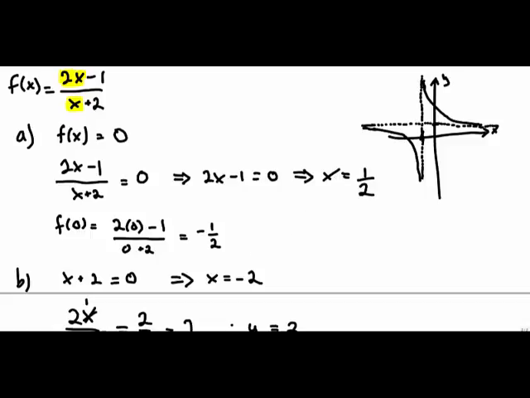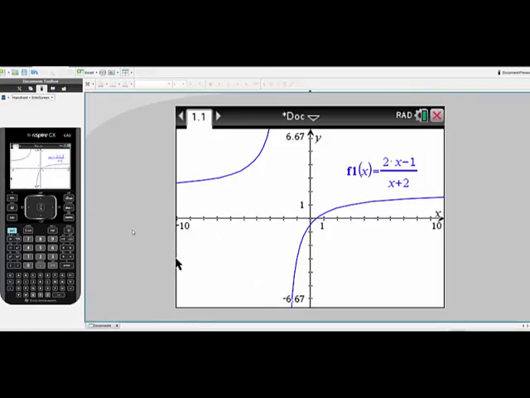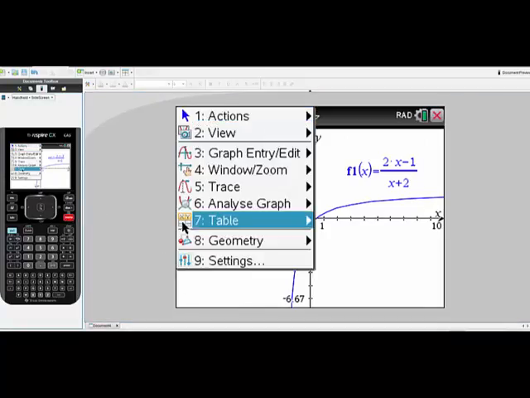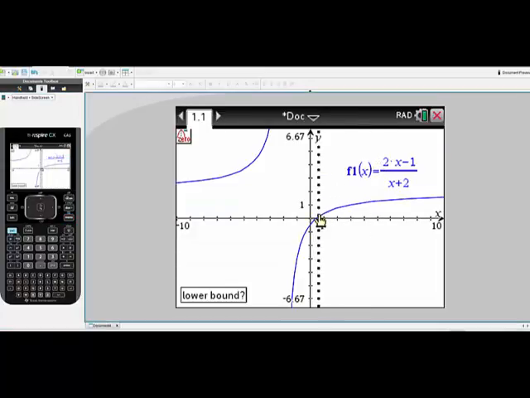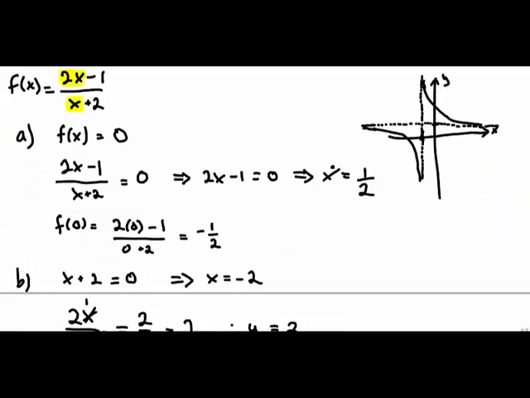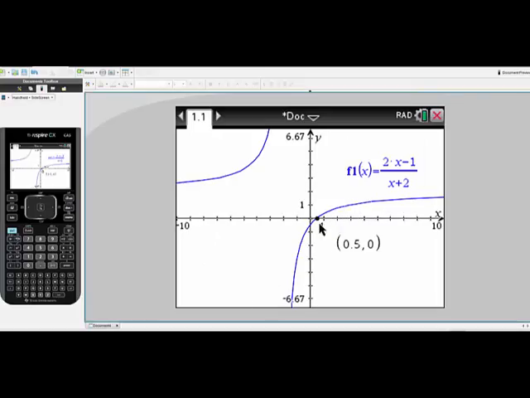Okay, let's find the intercept. Analyze graph, find the zero, it happens here. Okay, so a half, that's what we found here, and then the y-intercept is minus a half, and that looks about right.